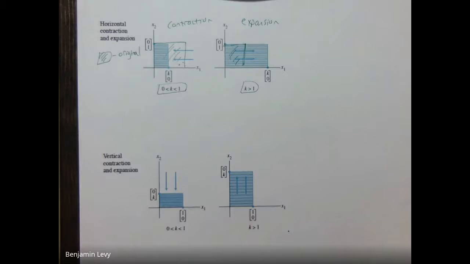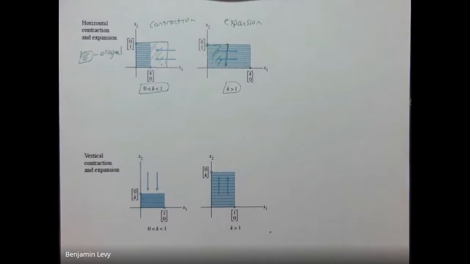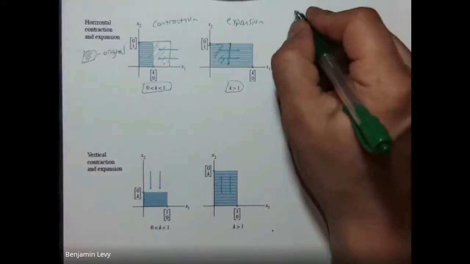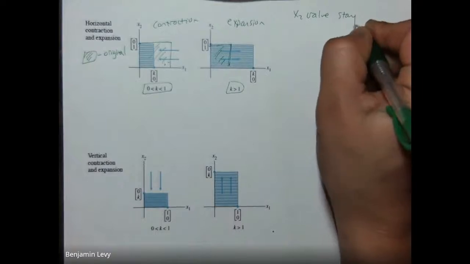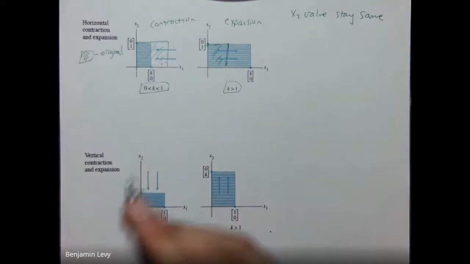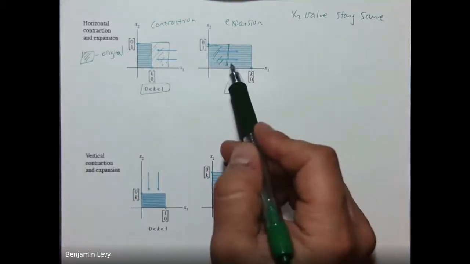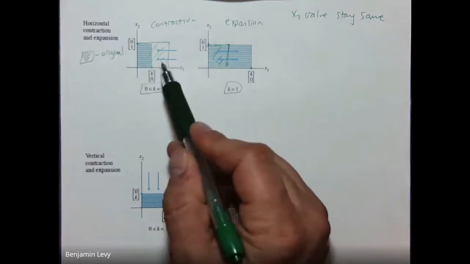And so if we're thinking about it in words, if the height doesn't change, the height is the x2 value. And so what we can say is the x2 value stays the same. It doesn't get taller. But the x1 value is the thing that scales, right? If k is bigger than 1, it gets bigger. If k is less than 1, it scales down.